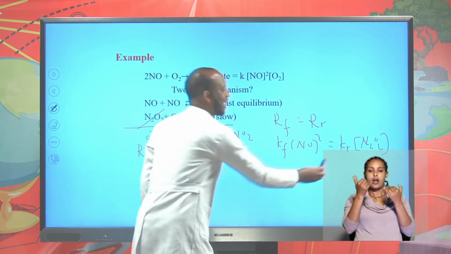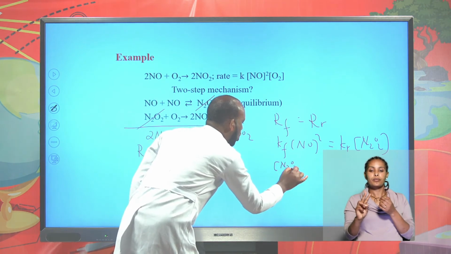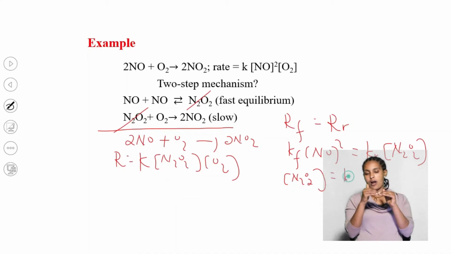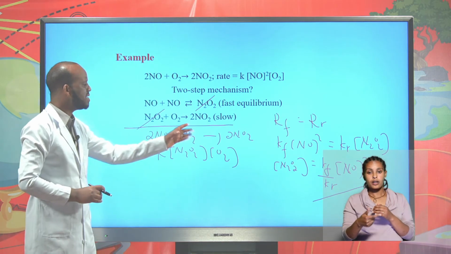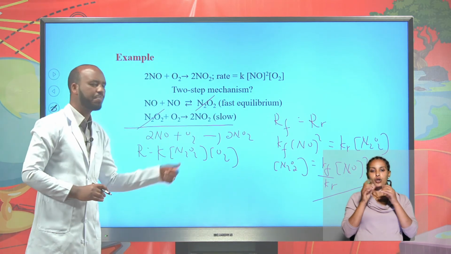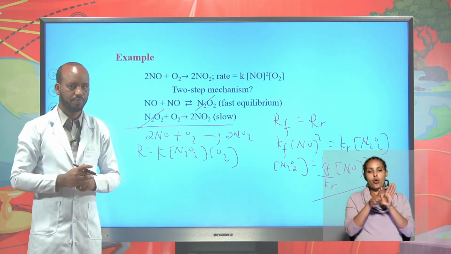Now solving for concentration of N2O2: concentration of N2O2 equals k forward divided by k reverse times concentration of NO to the power 2. As we said, intermediates do not appear in the rate law expression. You have to eliminate it.